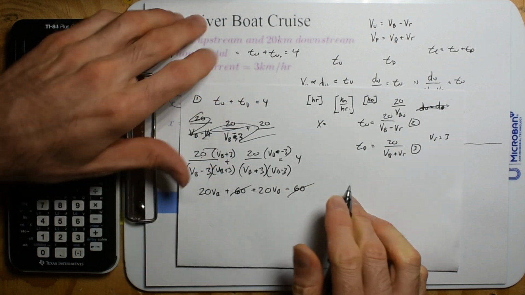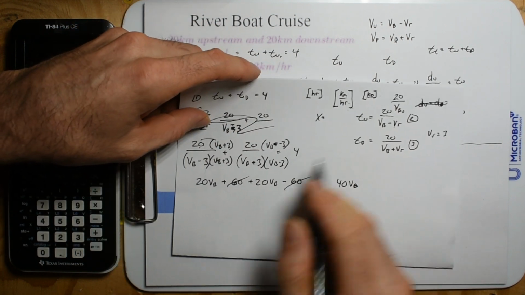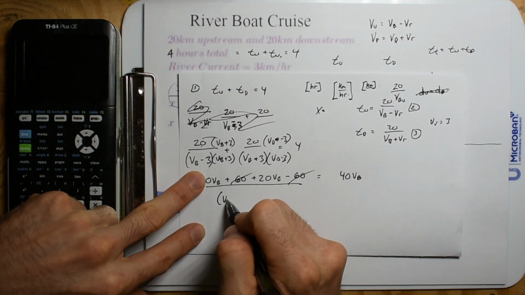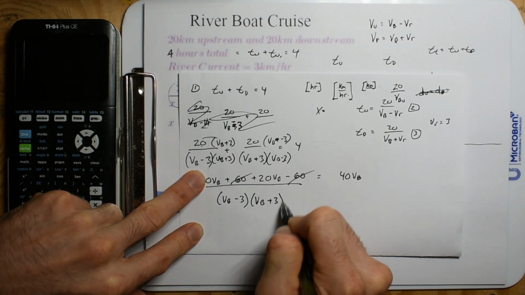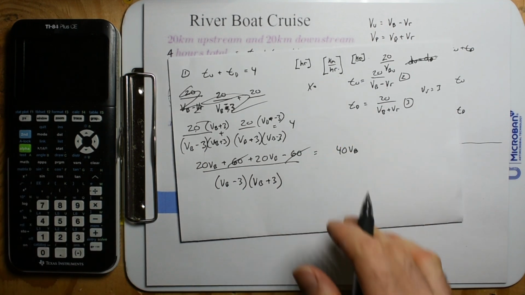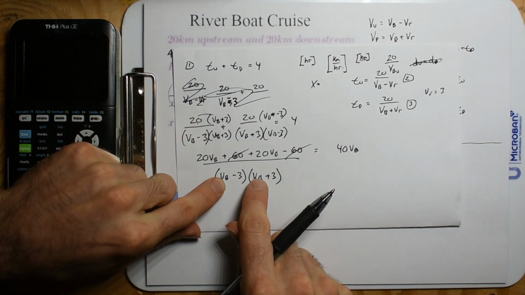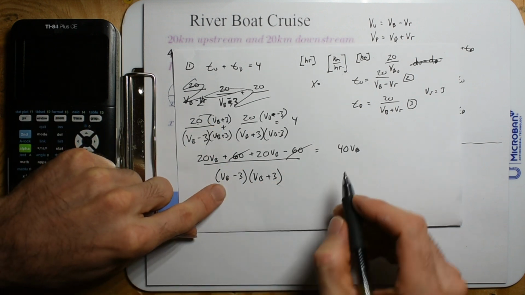So sweet, the 60s cancel. And then just up top you're going to have 40 VB. Now downstairs you're just going to have it all over VB minus 3, VB plus 3. And since we've already done this a couple times, we know that when we FOIL this through, we're going to have VB squared, negative 9, but then the other terms will cancel. So cool.